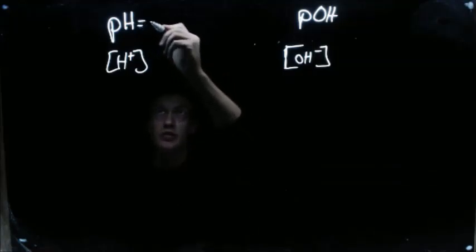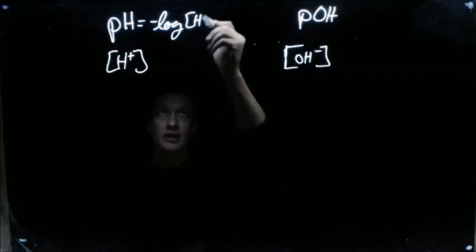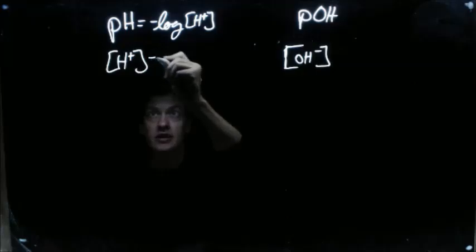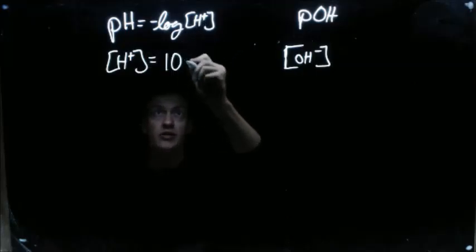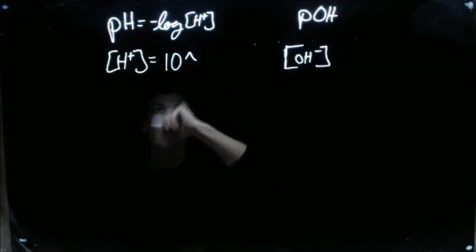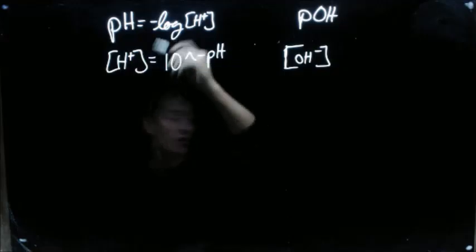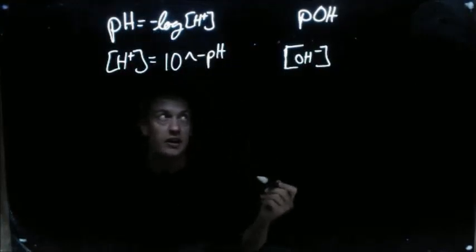pH is equal to the negative log of the hydrogen ion concentration. If you want to get rid of that log, you would take 10 raised to the negative pH. And that's how you can go back and forth between pH and the hydrogen ion concentration.